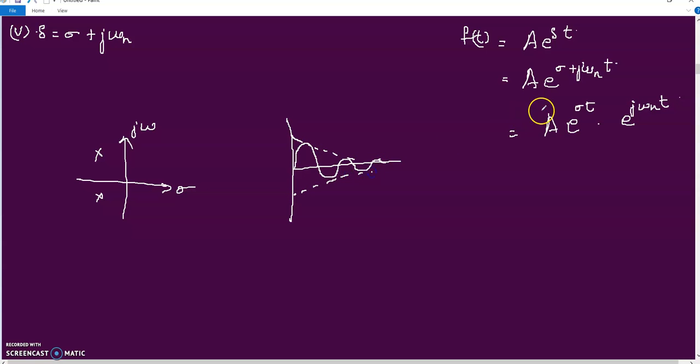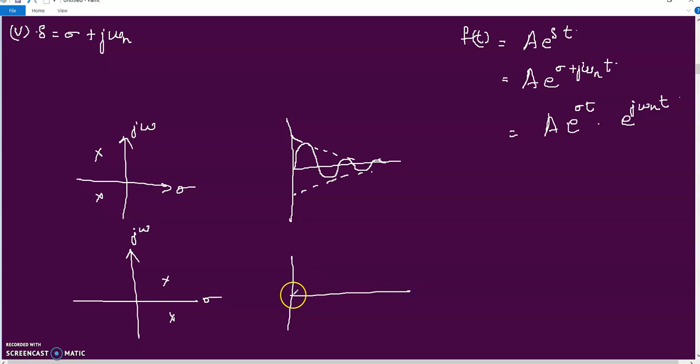That is, since e raised to sigma t will be an exponentially decreasing function when sigma is negative. Again, when we have it on the right side, that is sigma is positive, we have an underdamped function. That is, e raised to minus sigma t is an exponentially decreasing function, and e raised to plus sigma t is an exponentially increasing function.